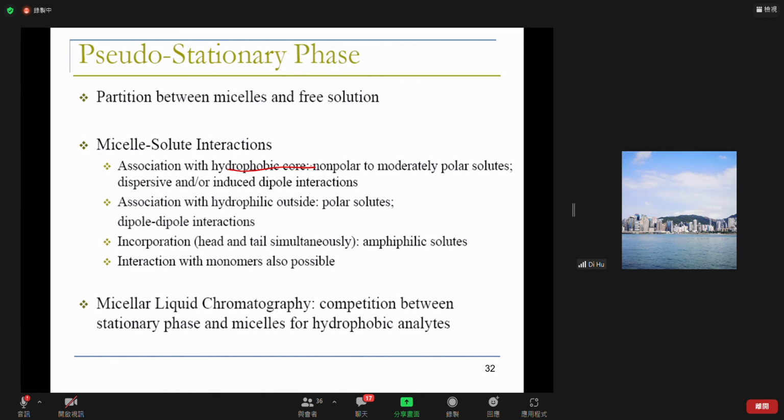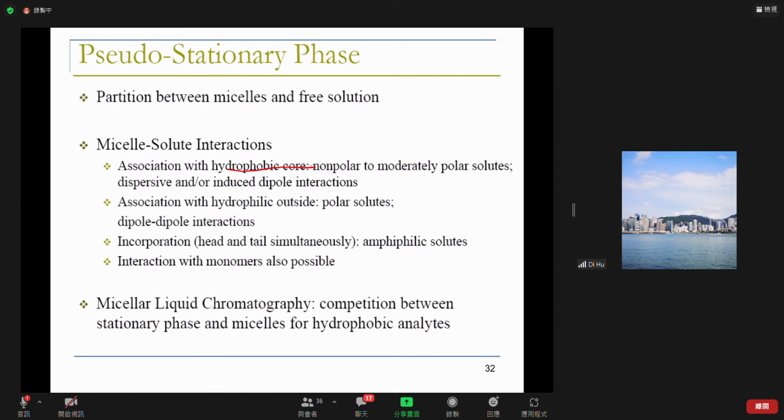But if your compound is polar, there is more association with the hydrophilic head outside, because the micelle has so many hydrophilic heads pointing outside. So if your compound is polar, the interactions are more dipole interactions.